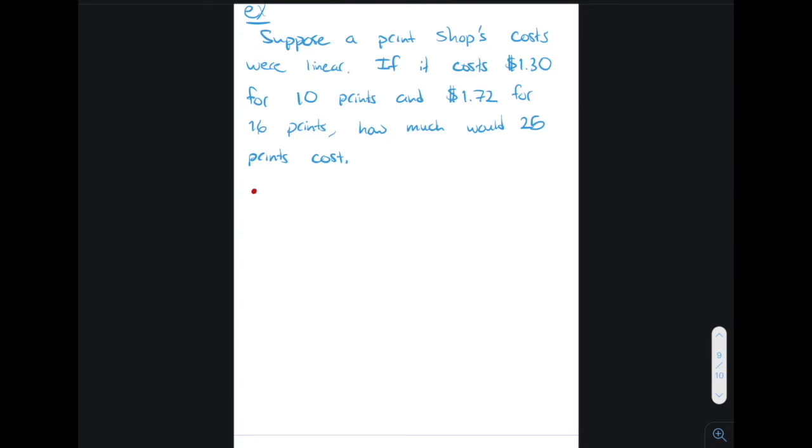To break this down, we want to use the information that we know it's a linear cost function. This immediately tells us that any expression to model the costs can be expressed in the form y equals mx plus b.